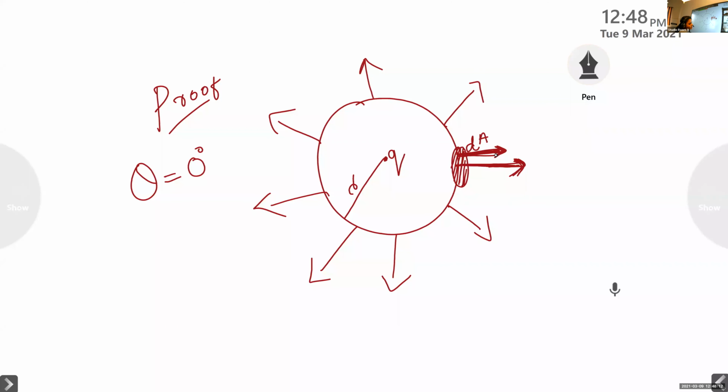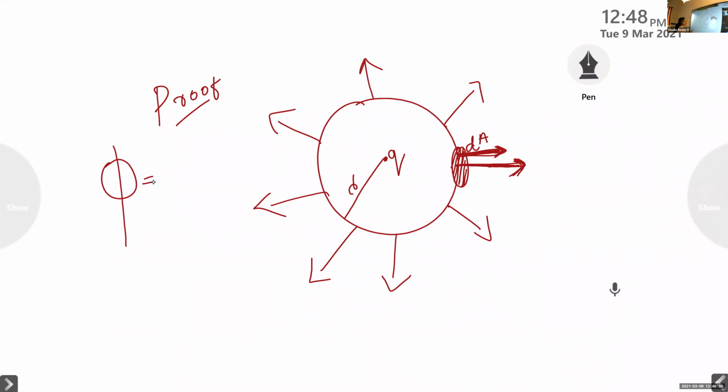Clear? Now we can write the equation for electric flux. What is the equation for electric flux? Phi is equal to, Steffi, what is the equation for electric flux? All of you please switch on your video.